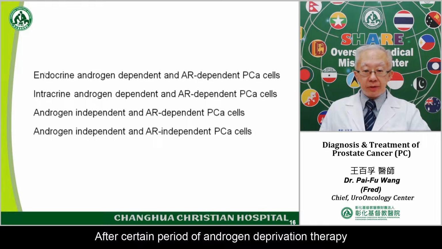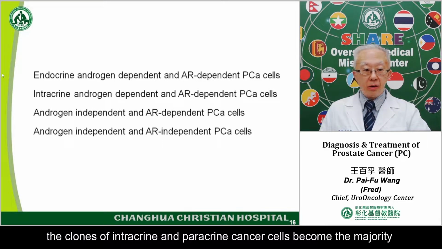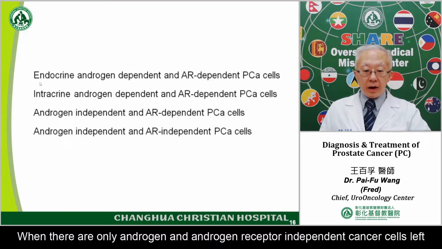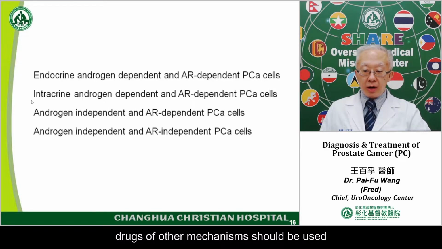After a certain period of androgen deprivation therapy, the clones of intracrine and maybe paracrine cancer cells become the majority, and they are still susceptible to novel hormone agents. When there are only androgen and androgen receptor independent cancer cells left, drugs of other mechanisms should be used.